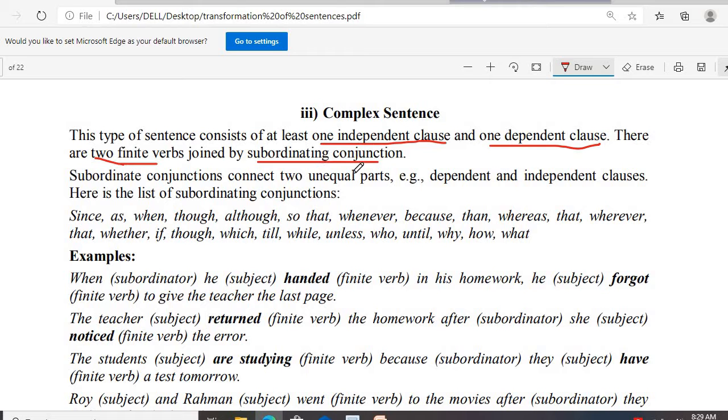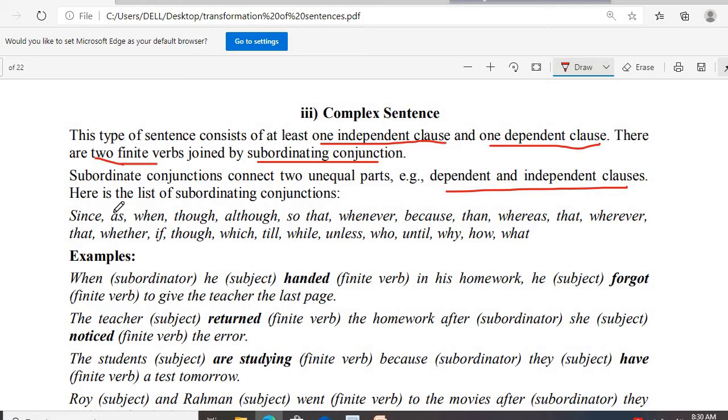The conjunction that will be used to join clauses in a complex sentence is called a subordinating conjunction. Subordinating conjunctions connect unequal parts, for example, dependent and independent clauses. A subordinating conjunction will join a dependent clause and an independent clause.